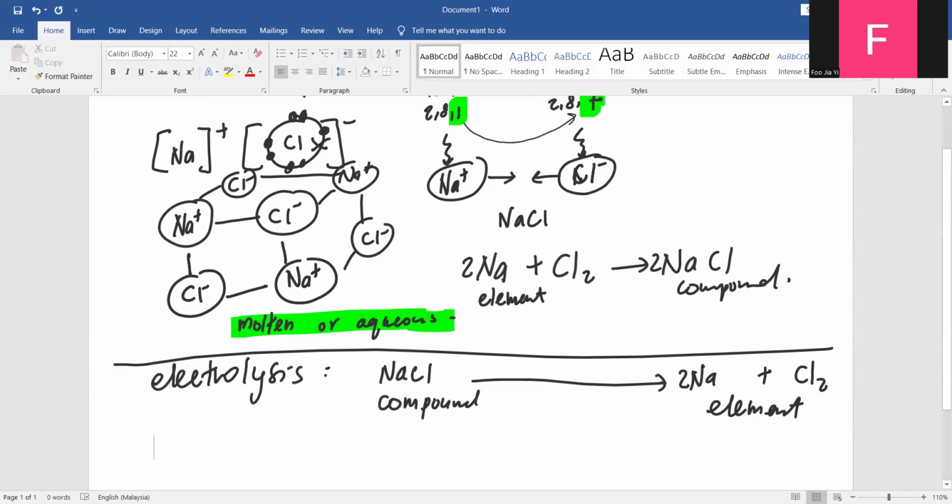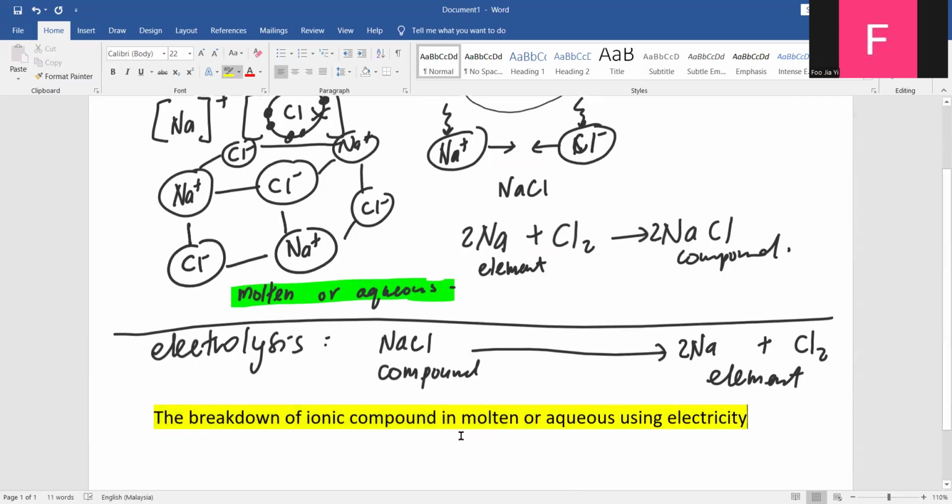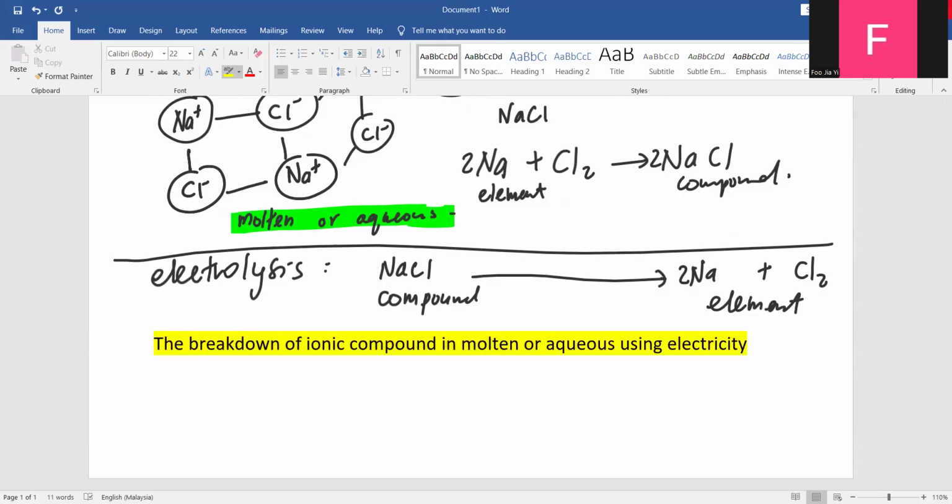Electrolysis, the definition is the breakdown or decomposition of an ionic compound using electricity.